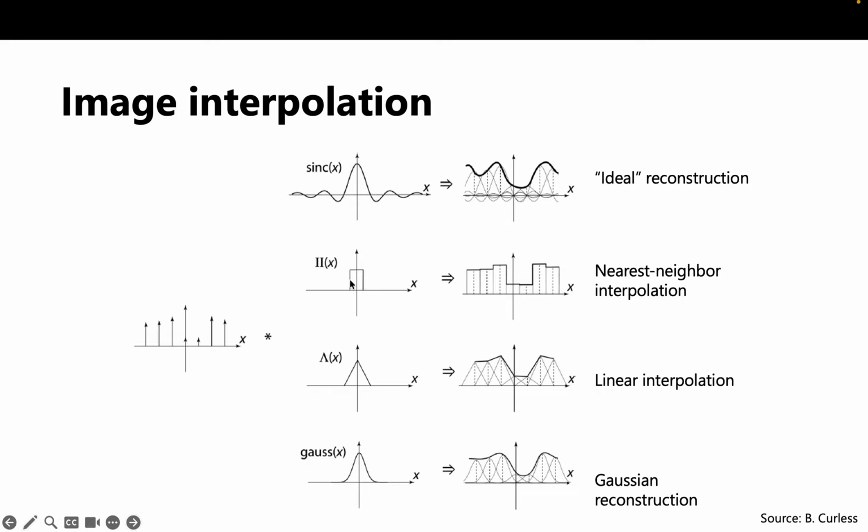The common one is the nearest neighbor interpolation, which is a box method. All these dots are your original pixel values, you draw a box around each, and in this way you can estimate the neighborhood pixels. Linear interpolation uses two points to estimate your center point. And for Gaussian reconstruction, you apply a Gaussian filter.